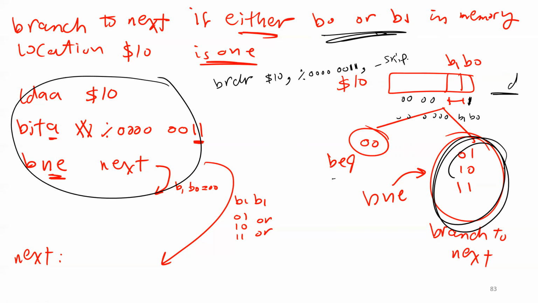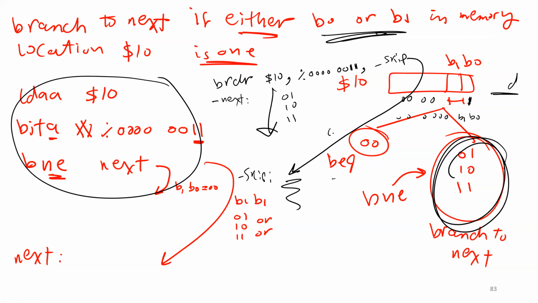That means if both of them are zeros, come to here, and here is a skip. And next should be here. Why? Because I'm going to come this way when the 2 bits are 0, 1, 1, 0, 1, 1. But I'm going to come this way when the 2 bits are zeros. I'm going to skip. So next should be here. You got it?